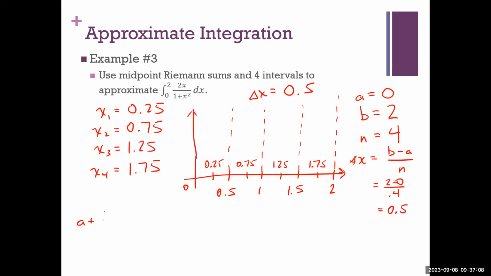So if I'm doing midpoints, my first sample value of X is going to be the left end of the entire interval, in this case 0, and I'm going to add half of a delta X to that. So if that's true, how would I find the next place? Where's X2 going to be?